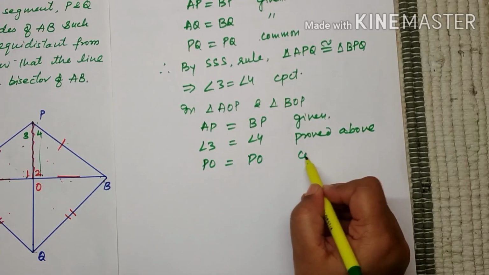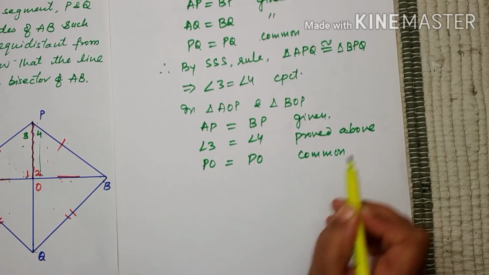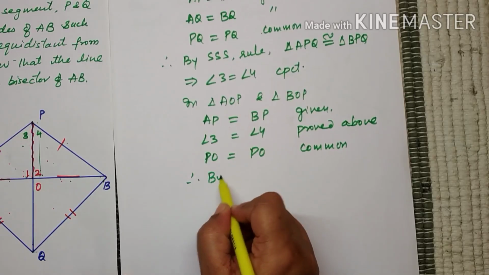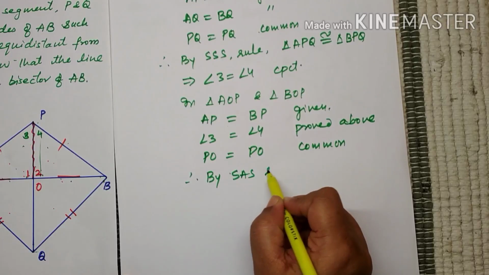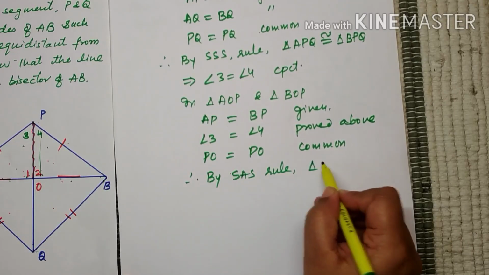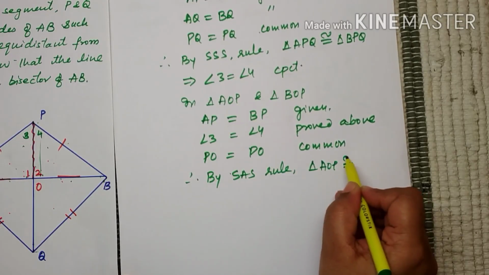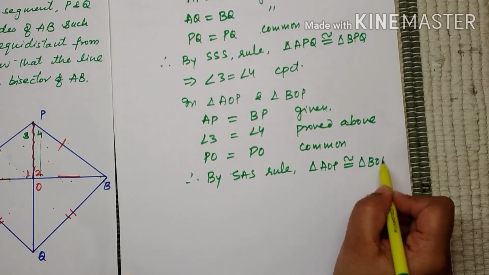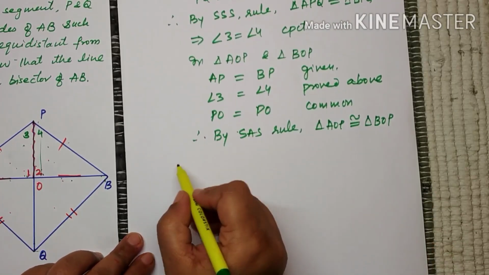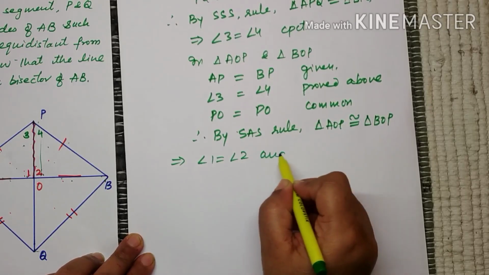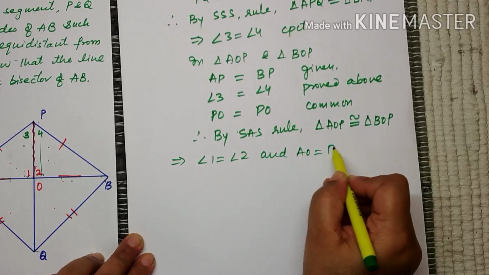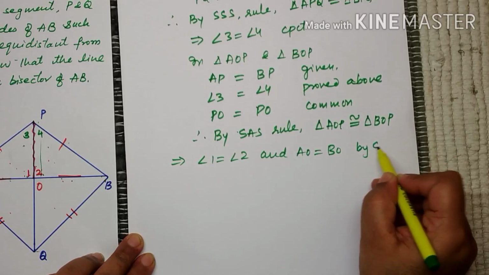OP or PO, whatever you write, that's common. Therefore, by SAS rule, I have triangle AOP congruent to triangle BOP. These two triangles congruent gives angle 1 equal to angle 2 and AO equal to BO. This is by CPCT.